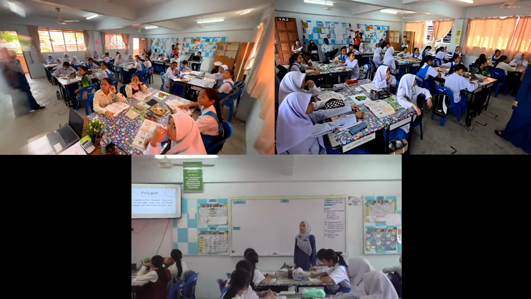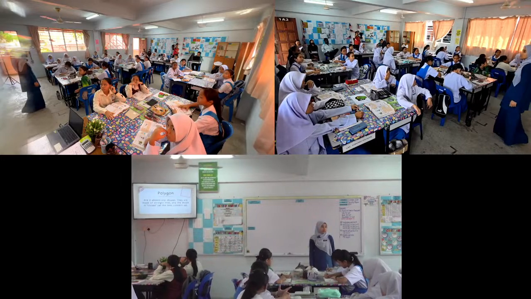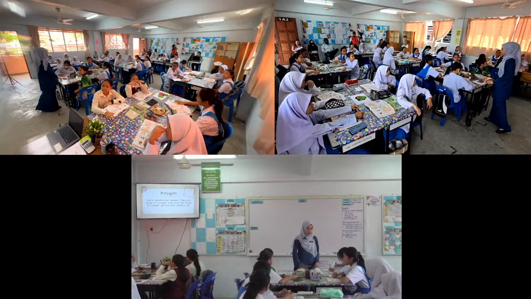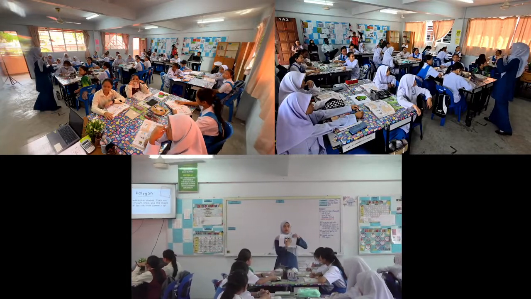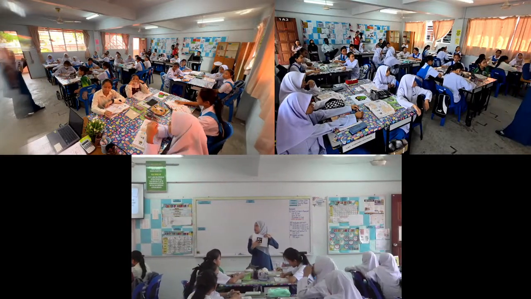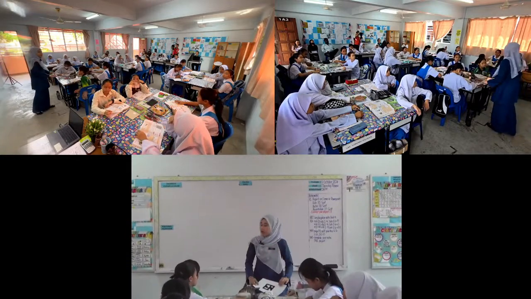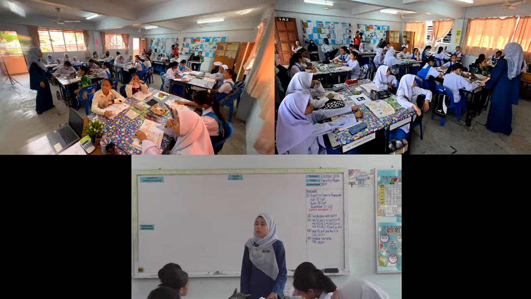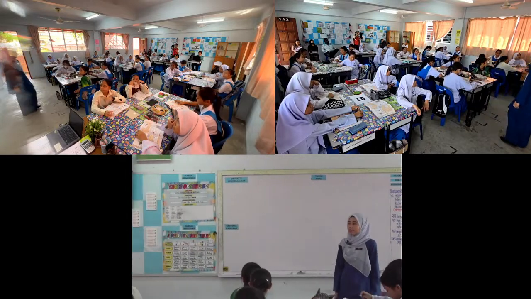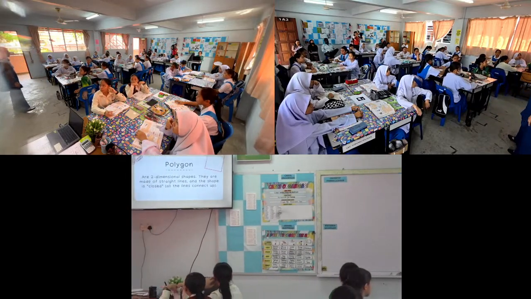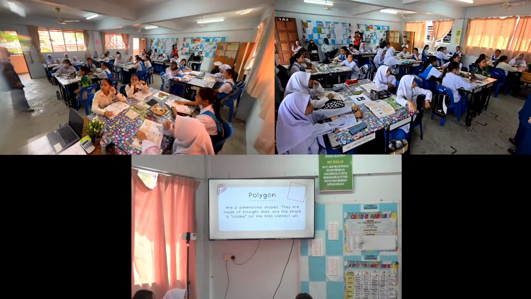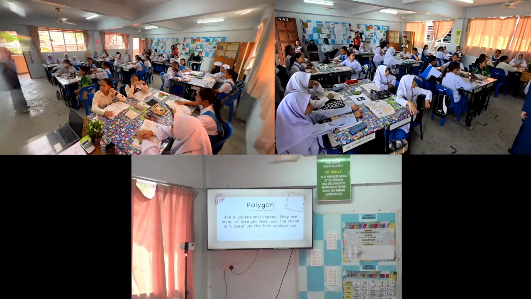So the meaning of polygon is a two-dimensional shape. When you touch it, it's like a plane, on a plane only. Okay. They are made of straight lines, and the shape is closed. If the shape is open, can we call that a polygon? No. Why? How must the shape be? It must be closed.